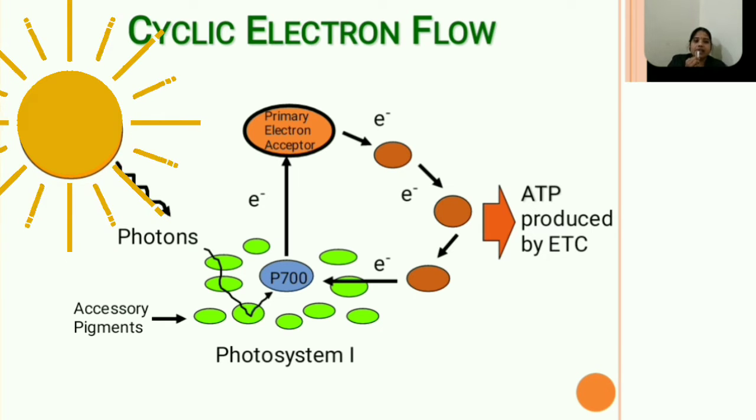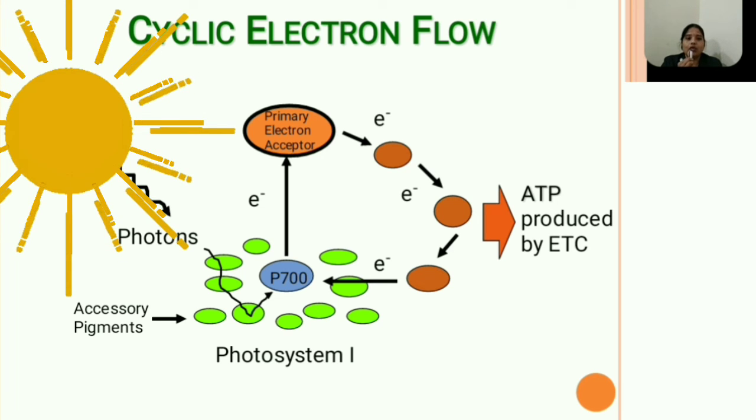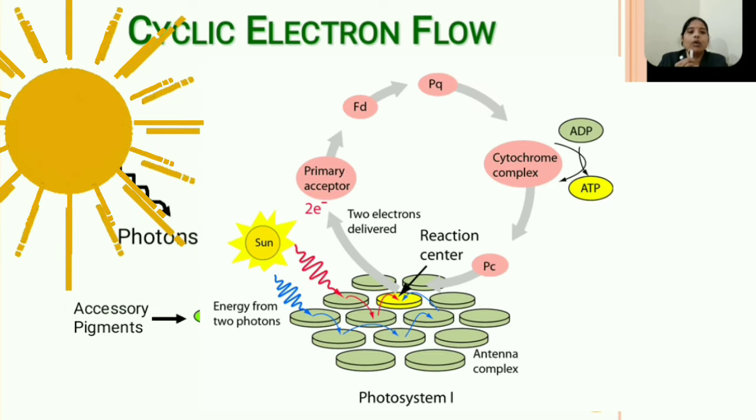The reaction center is made by P700 nm chlorophyll. Then light falls on photosystem 1. Sunlight, or photons, fall on photosystem 1 and it gets excited.